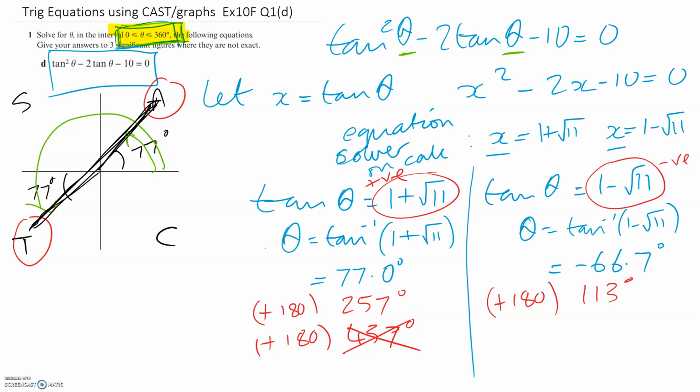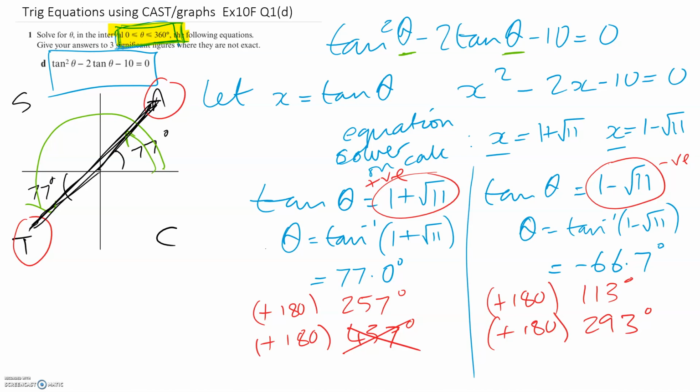Remember, this is three significant figures. If we add 180 again, will this be in our range? Well, yes, it will, because that will be 293 degrees. If we add 180 again, that will be outside our range. So we can just leave it like that.